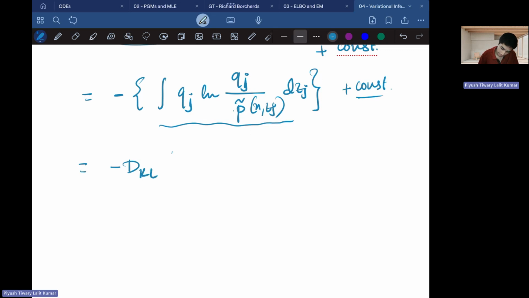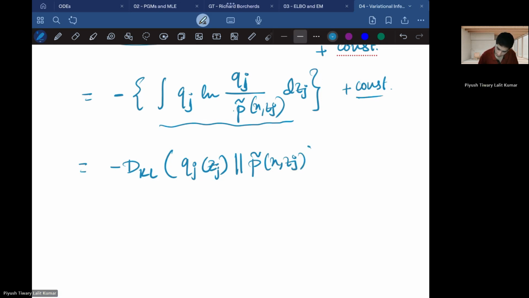This is nothing but the KL divergence between q_j and the p tilde, maybe I should write q_j of z, and p tilde of x comma z. This is your F of q.